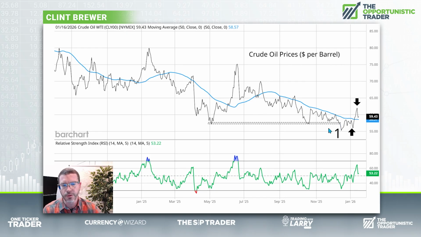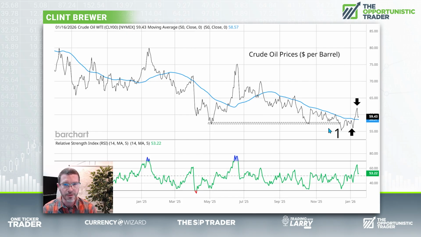But there were reasons to become bullish when that happened, both from a fundamental side and a technical side. On the fundamental side, when you get oil prices down to these levels, I like to say low oil prices are the thing that can lead to high oil prices. It's because you're getting prices down to a level that discourages new production.